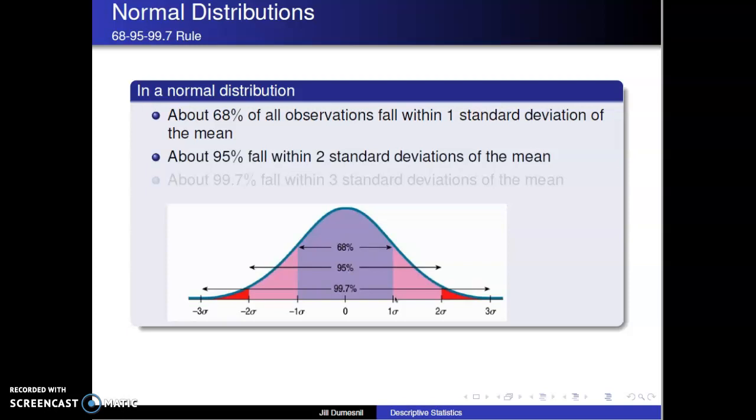About 95% fall within two standard deviations of the mean. And virtually all, or about 99.7% of all observations, fall within 3 standard deviations of the mean. Thus, it is easy to predict the likelihood of an observation falling in a particular range when the underlying distribution is normal.